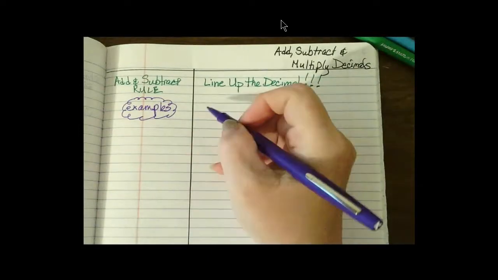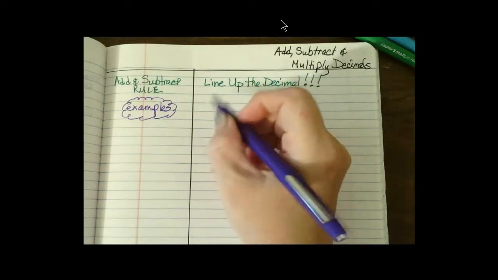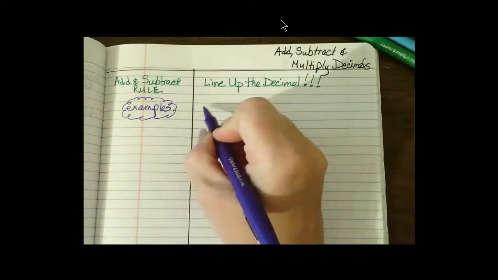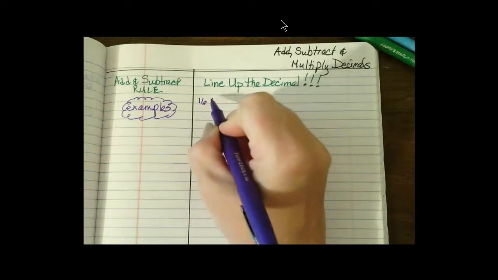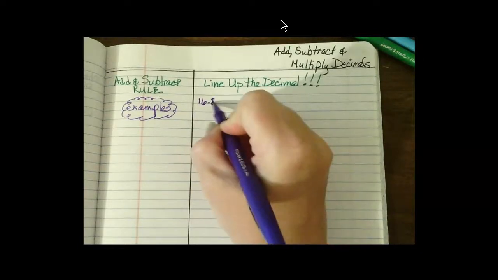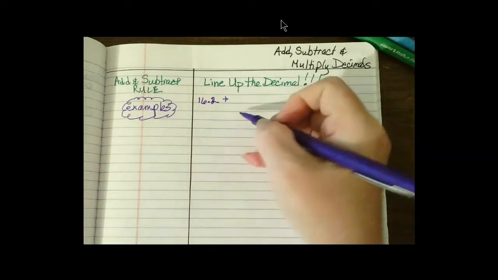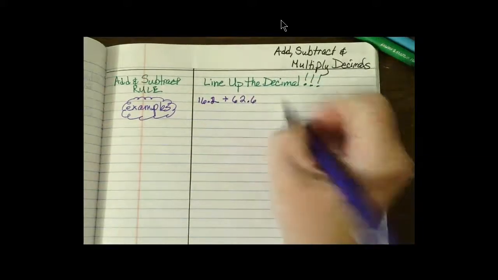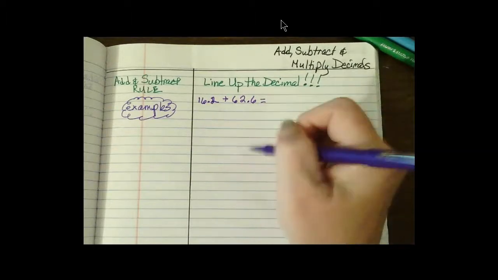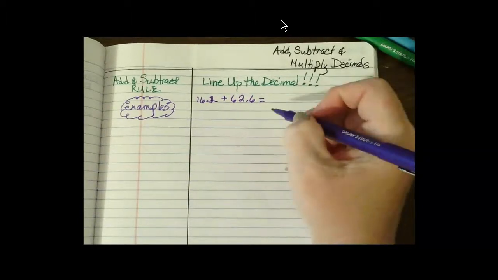Here we go. Let's look at just a simple addition, right? I've got 16.2 plus 62.6. So you need to make sure you write them vertically and line up your decimal.